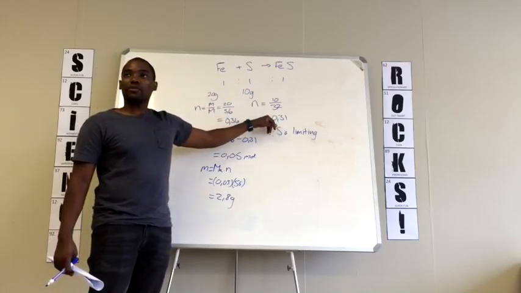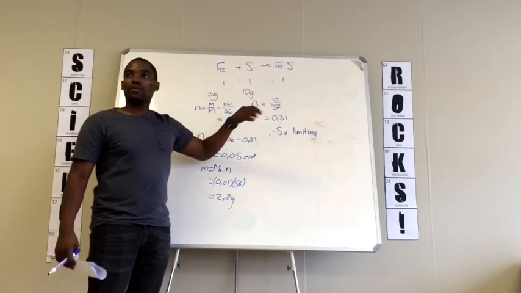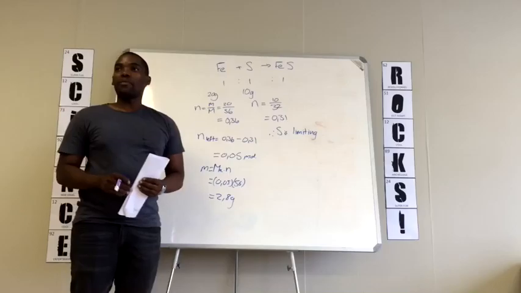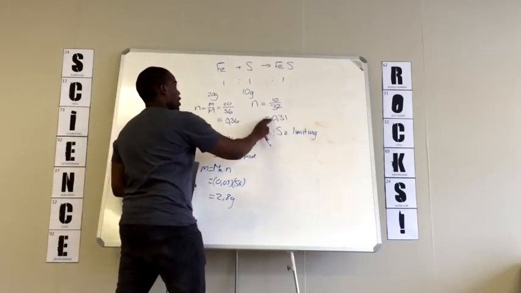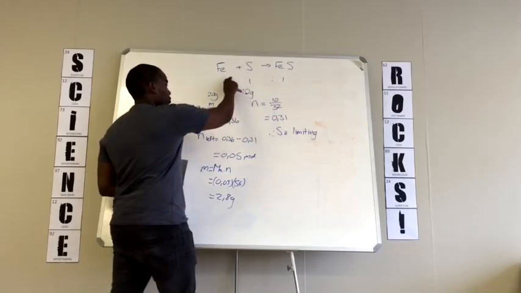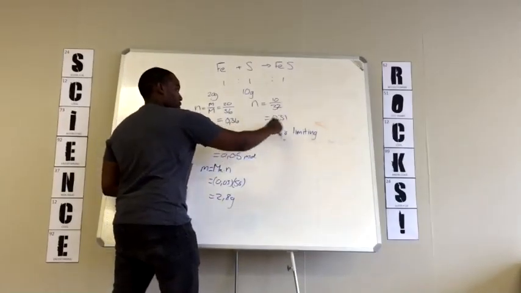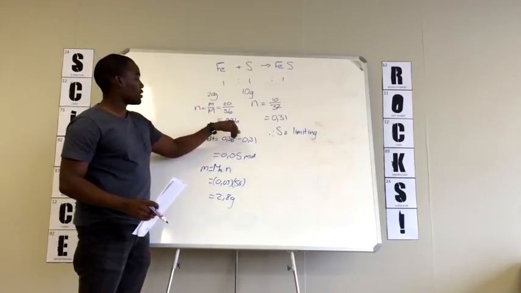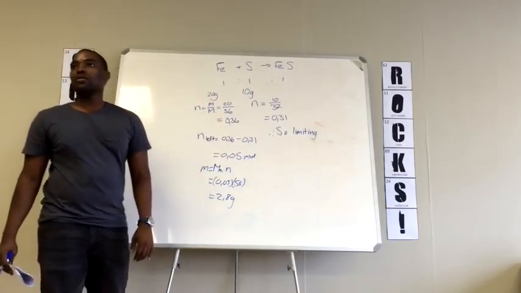Are you using it because it's limiting or just because it's a 1-to-1 ratio? Both of them. I'm using it because it's limiting. I have to work out how much of the other one I used, check my ratio, and then I used this much of the iron as well. Therefore, how much is left? 0.36 minus 0.31.